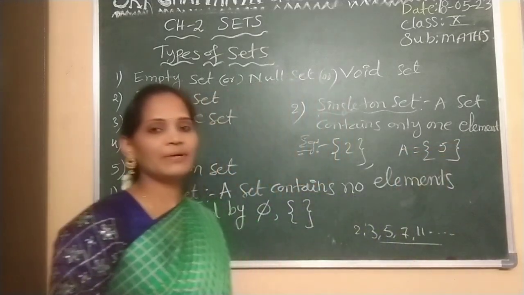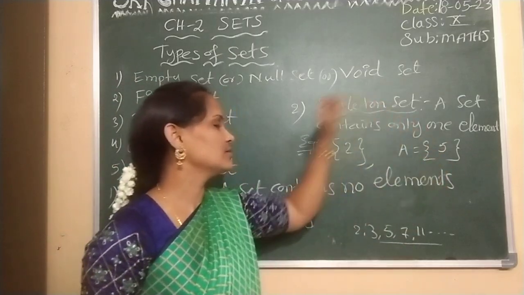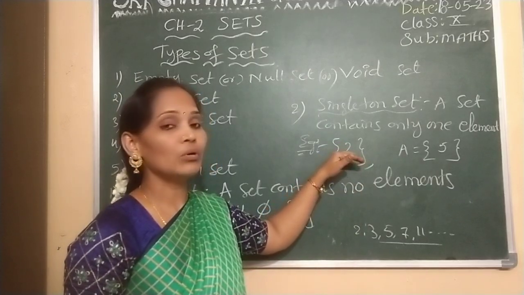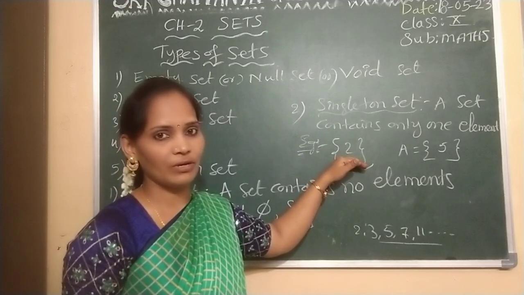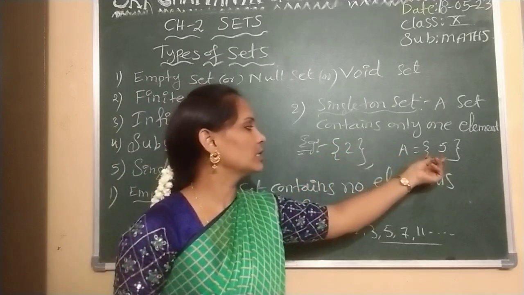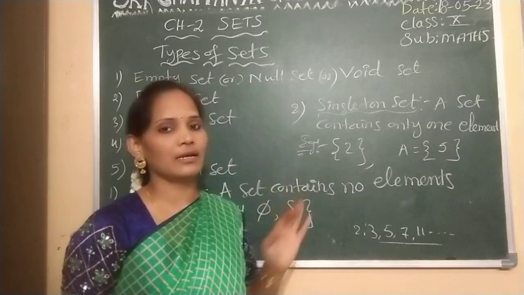How many number of elements are there? Only one element. So this is called a singleton set. Here the set which is having only even primes, how many even primes we have? Only one even prime. So these types of sets we can call singleton sets, meaning that contains only one element.